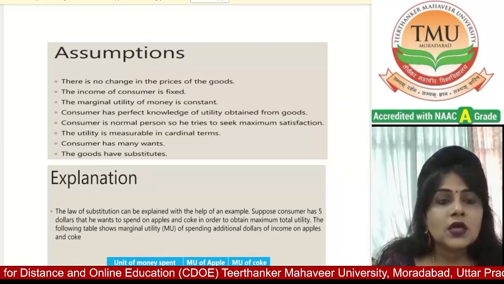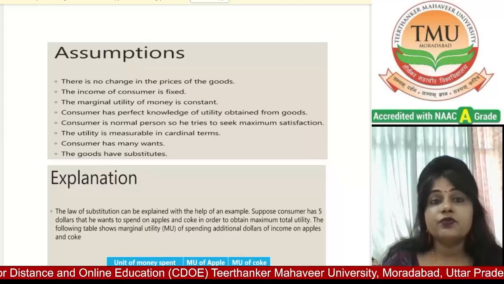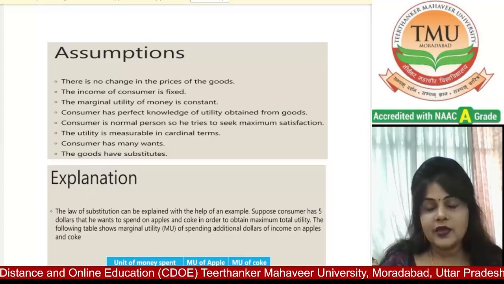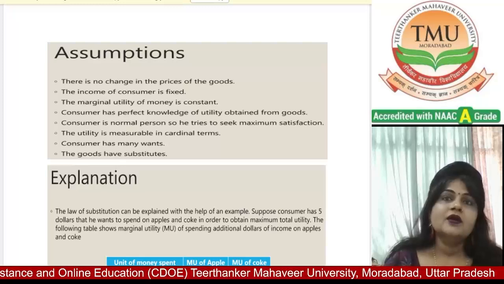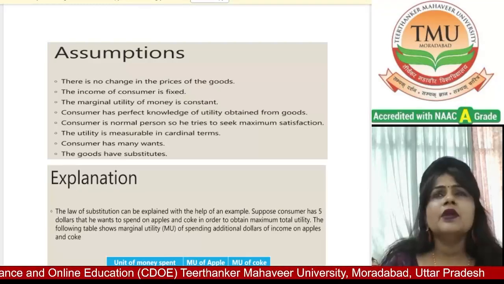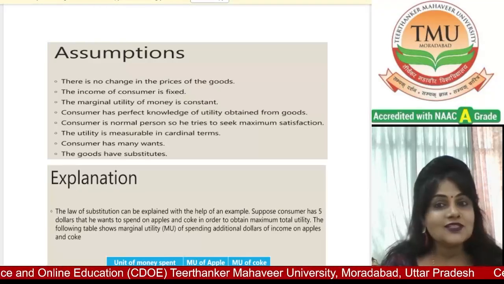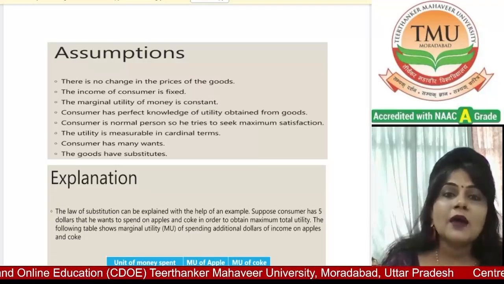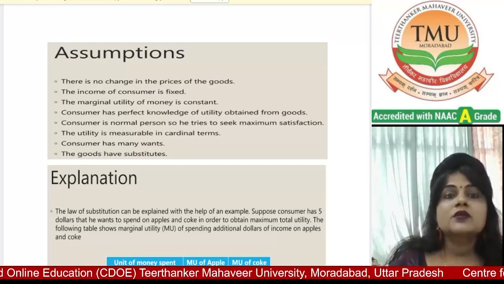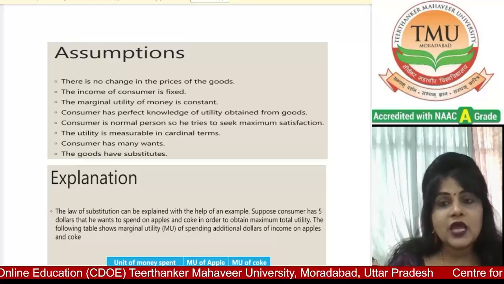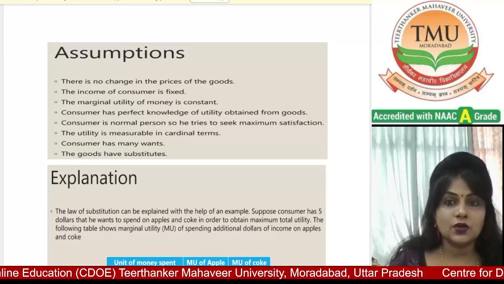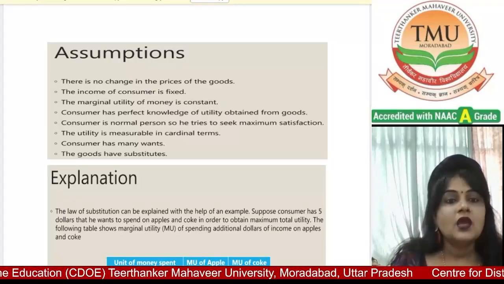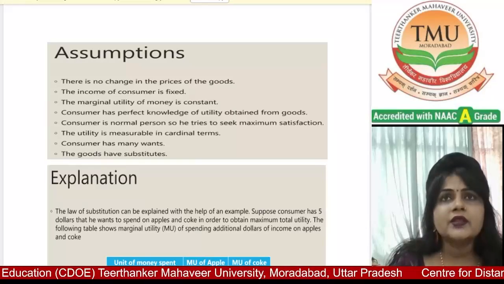Now, the consumer has many wants. You know that we have limited incomes, but our wants, our desires are unlimited. The goods have substitutes, and substitute goods take the place of other goods, such as tea and coffee, or other things.